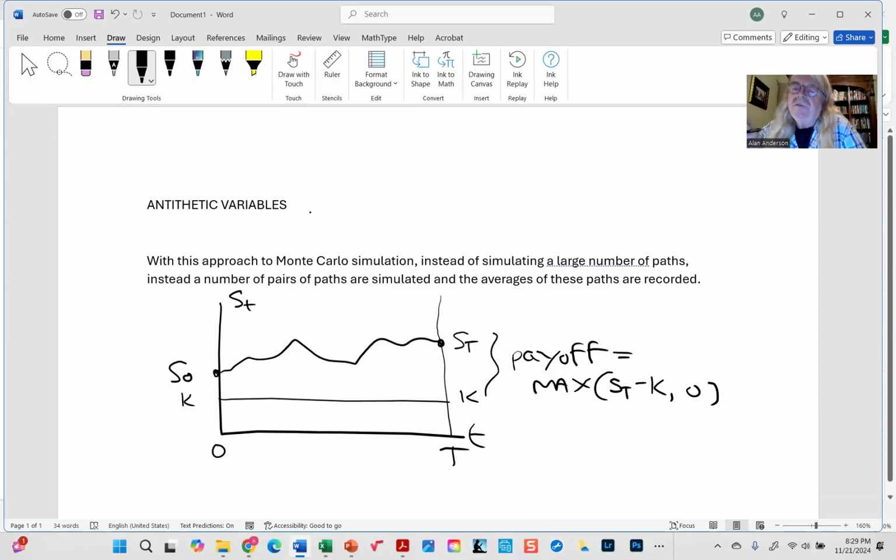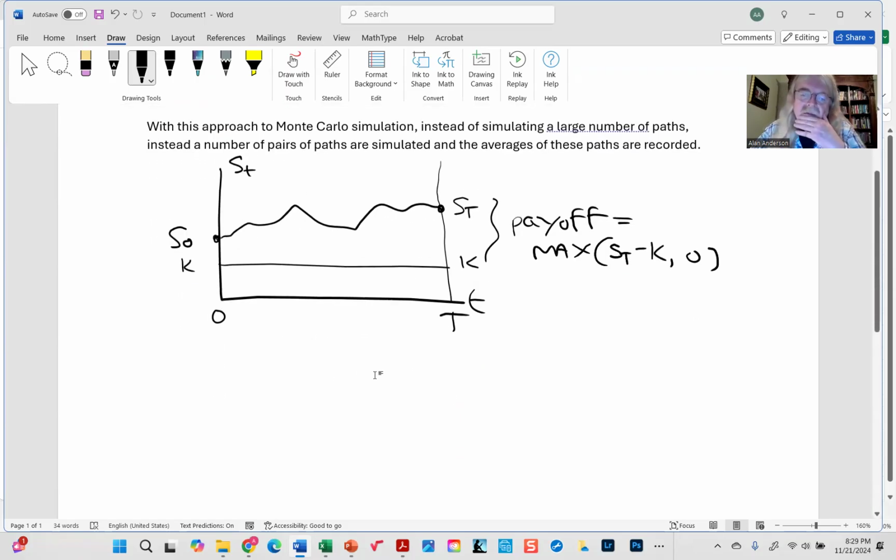For each one of these, we calculate the payoff on the maturity date, and then we average those out, and we calculate the price of the option as the present value of that average payoff at the maturity date.